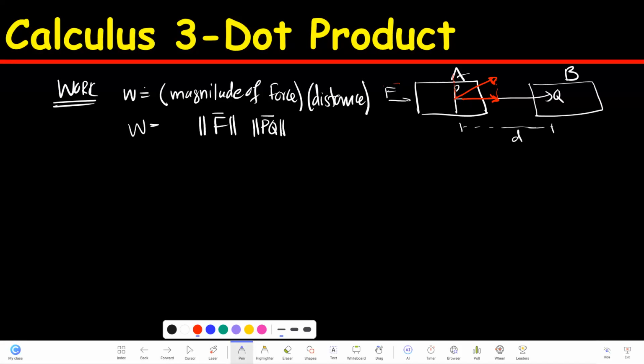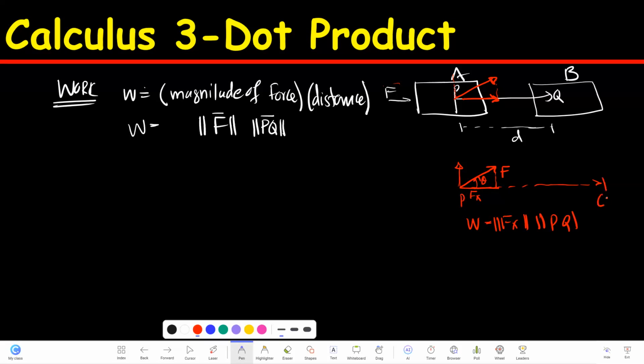What I'm drawing right now is in red color. If the force you're applying is this, and the block is moving in this direction, this angle is theta. You take this component, and we learned rectangular components before. This component may be equal to Fx. So the work done formula in this new case should be the magnitude of Fx times p, where p is again the distance you move it.